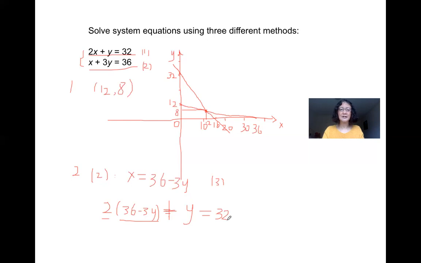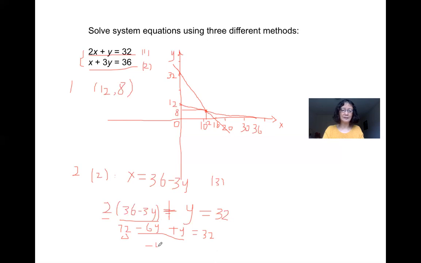Then you work a little algebra with this expression. 2 multiplied by 36 minus 6y plus y equal to 32, which is 72 minus 6y plus y equal to 32. Then collect like terms and move 72 to the other side.